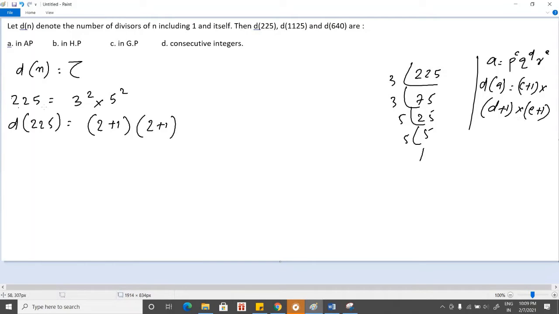So here 225 can be written as 3 square into 5 square. Therefore D225 will be 2 plus 1 into 2 plus 1. So this gives us 9. That means there are 9 divisors of 225.